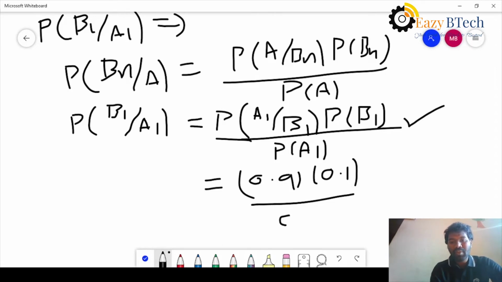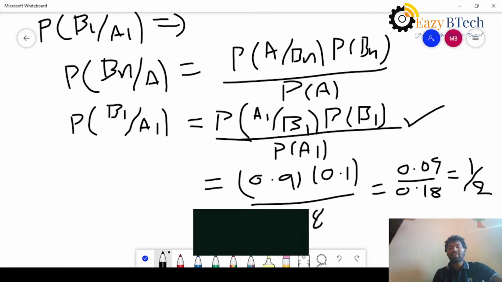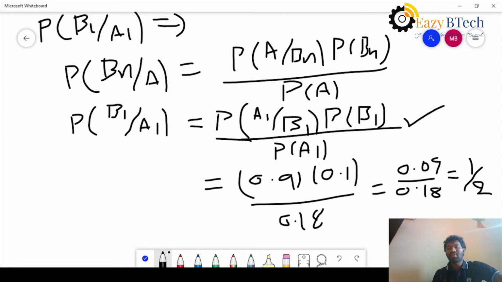So the value of P of A1 equals 0.18. So it is equal to 0.09 divided by 0.18. That means it is 1 by 2. So B1 given A1 is equal to 0.09 divided by 0.18, so the value is 1 by 2.